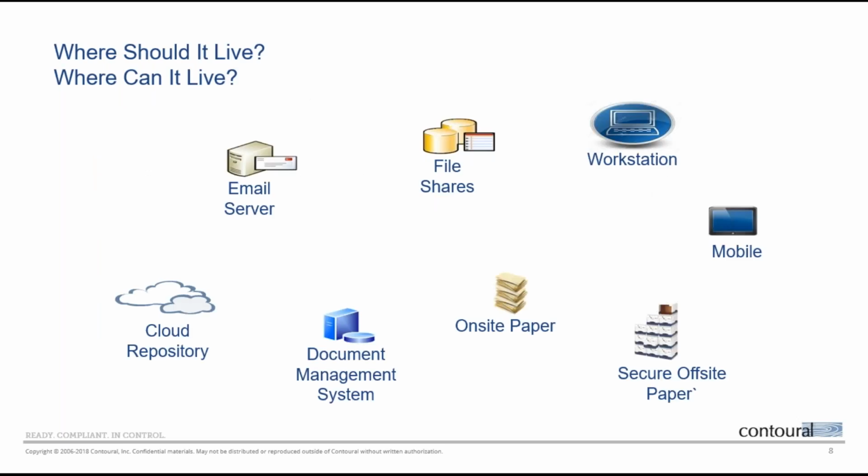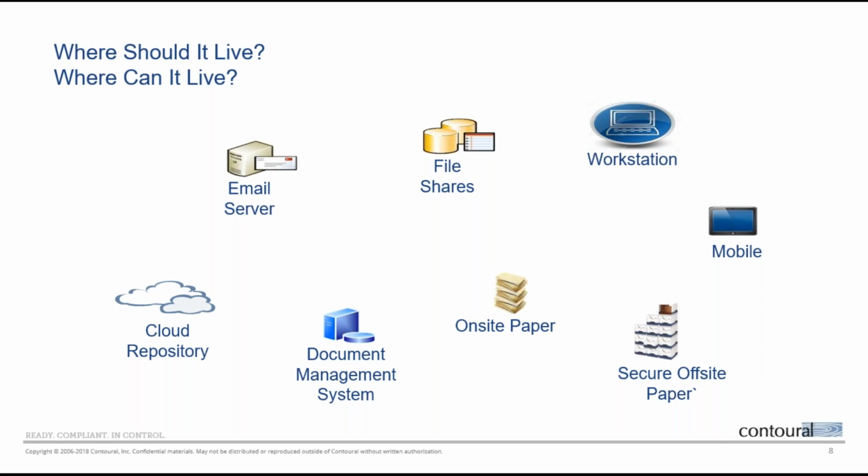So really the first question is, from an employee perspective, there are all these different places that the company has provided. There may be structured applications. I've got my email. I've got file shares, both my own personal home directory share as well as group and secure shares out there. I've got my own workstation.